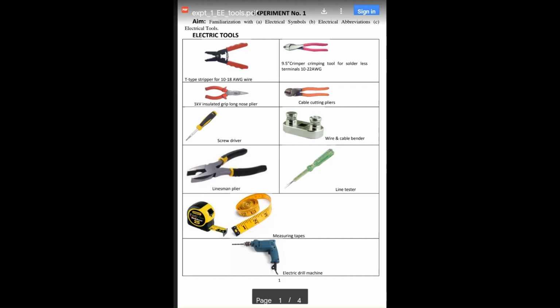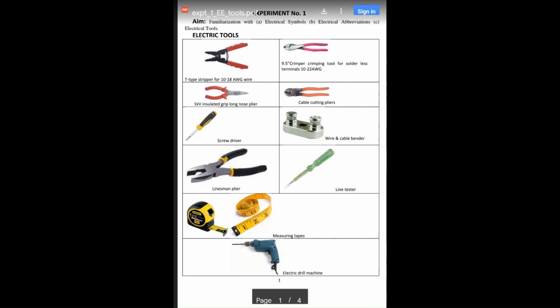But sometimes we require that two cables be connected. When two cables are to be connected, a joint is to be made. When a joint is to be made, it means that the PVC portion of the cables is to be stripped. So some part of it is stripped.